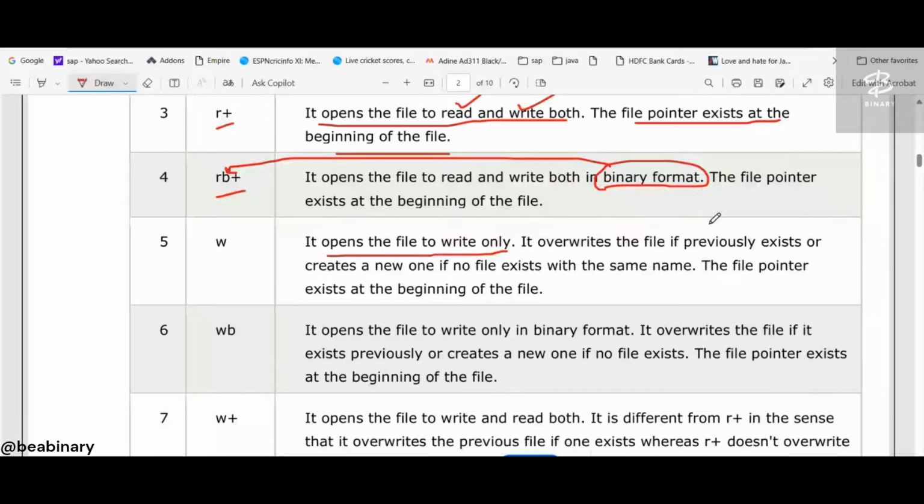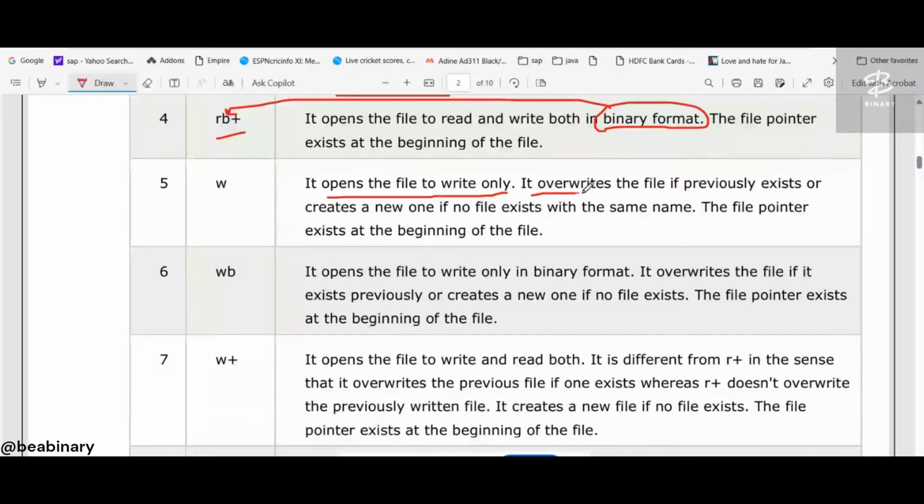Okay. Next point is W. It opens the file for write only. That means we are going to write something on the file. It overrides the file if it previously exists, or creates a new file if no file exists with the same name. So what is the meaning of W?